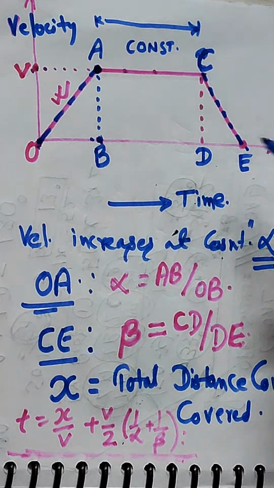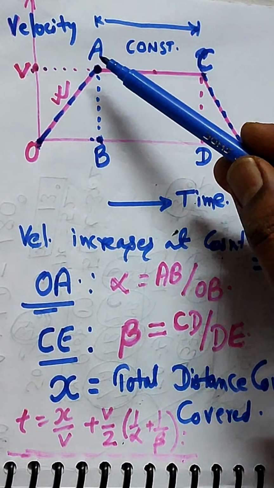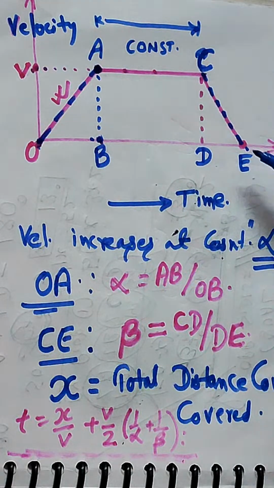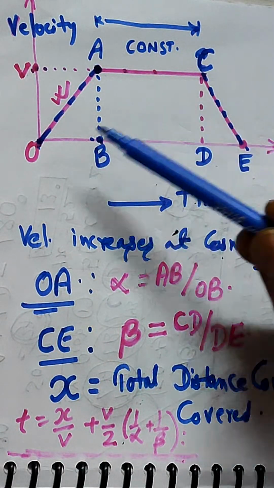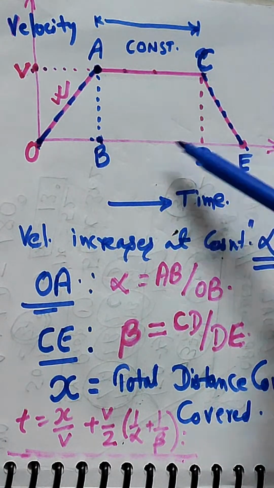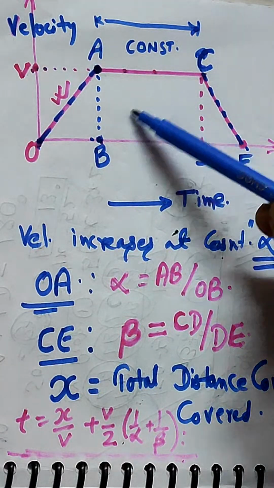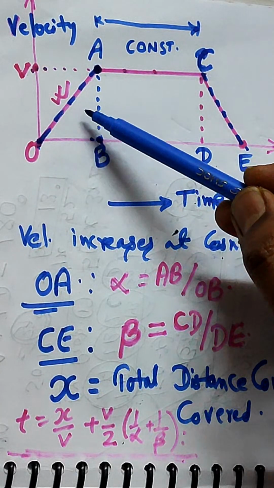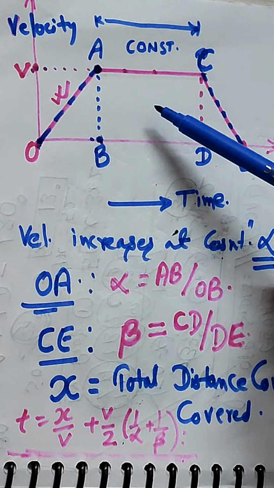Okay, so what will be the area covered by this velocity time graph? From O to A, A to C and C to E, and this is looking like a trapezium, isn't it? The area covered under this trapezium will give you the total distance, right?